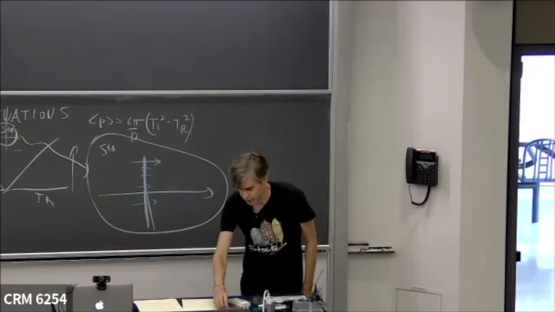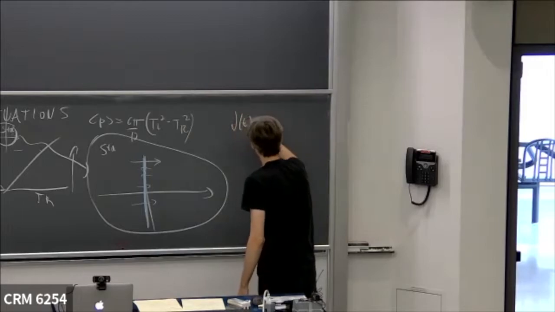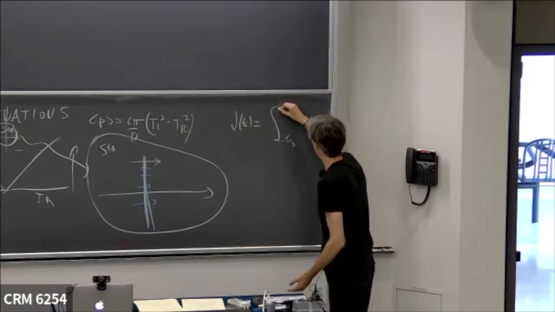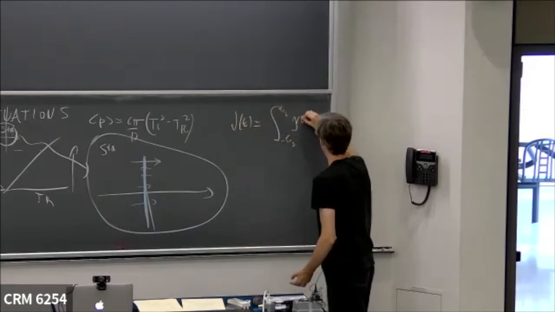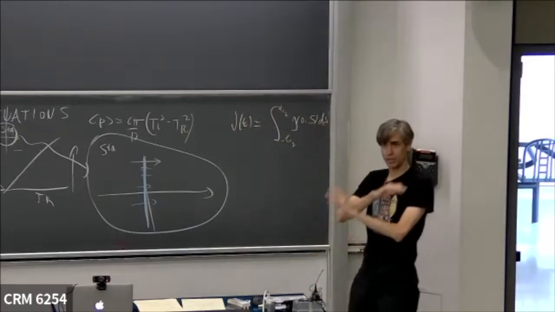So what's this quantity? It's the total current J of T: the integration from minus T over 2 to T over 2 of the current at position 0 and time s, ds. This is the quantity of energy passing from left to right.